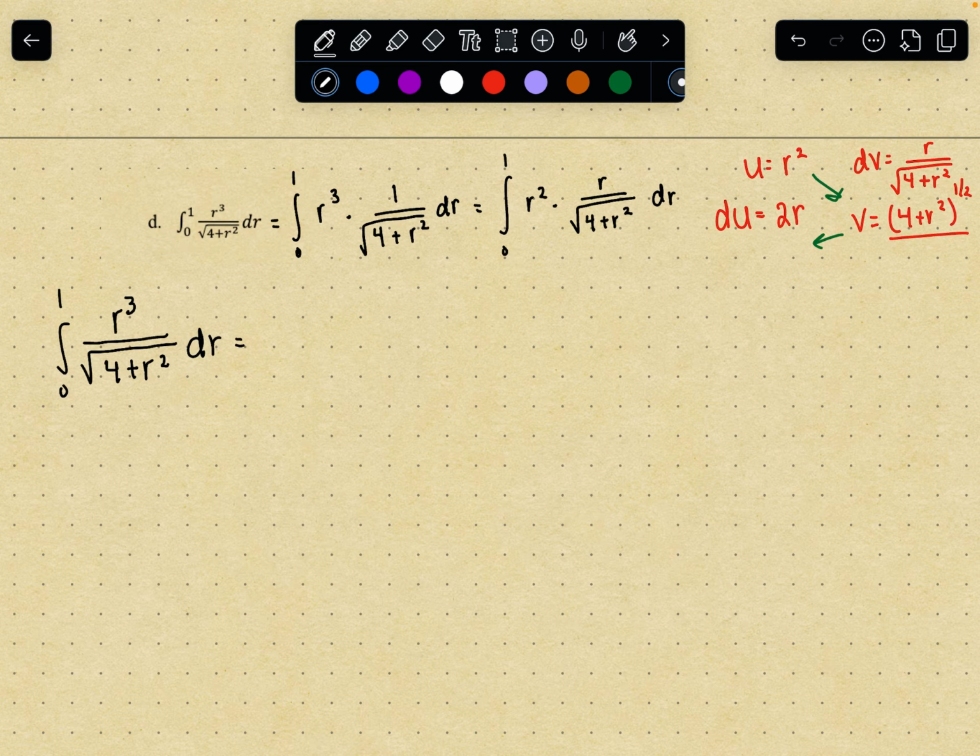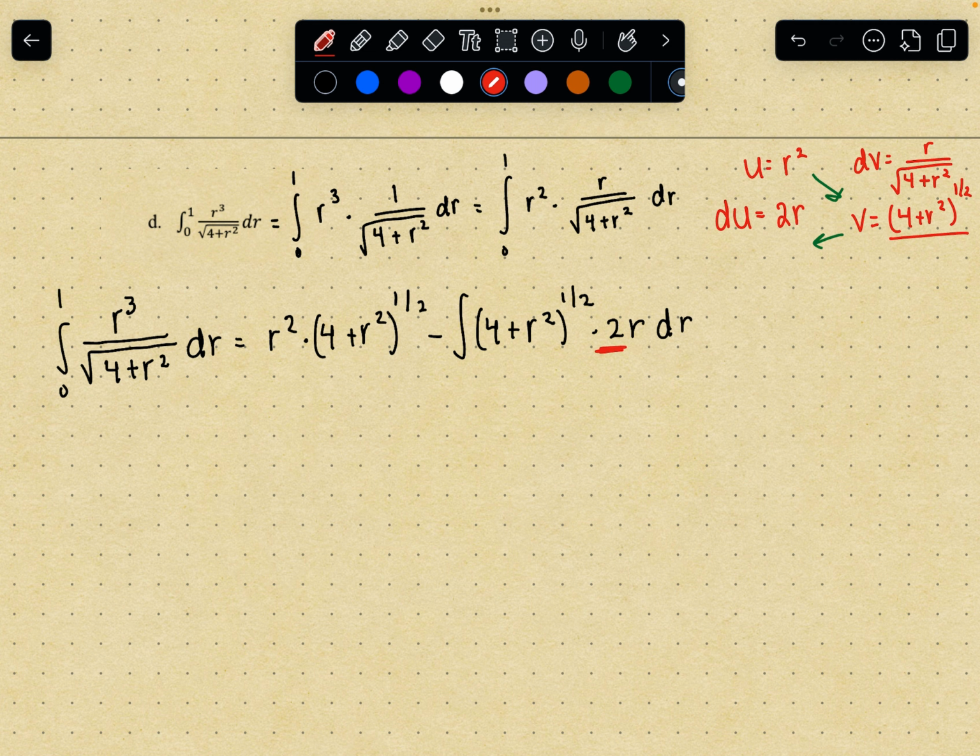Okay. u times v gives me r squared times (4 plus r squared) to the 1/2. Minus integral (4 plus r squared) to the 1/2 times 2r dr. All right. Let's just do this, okay? Please. Anytime you see a constant, just put it in the front of your integral, for God's sake, okay?